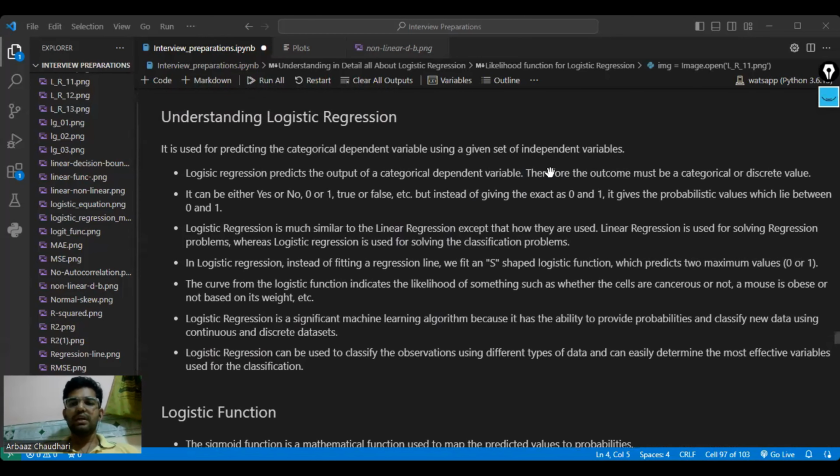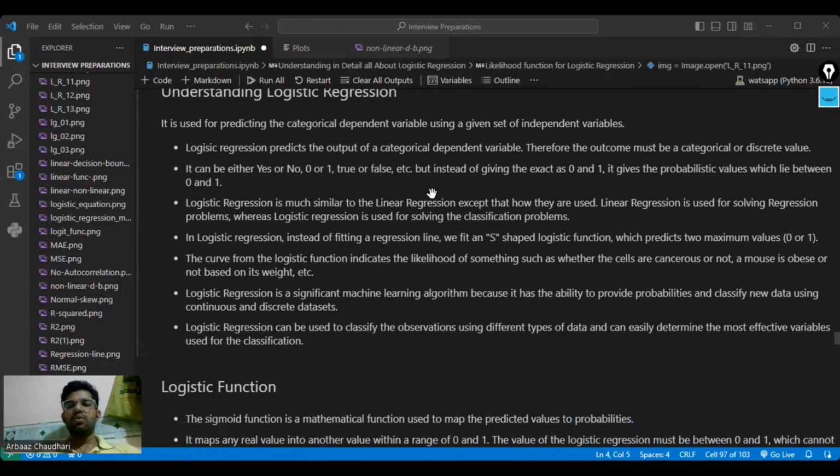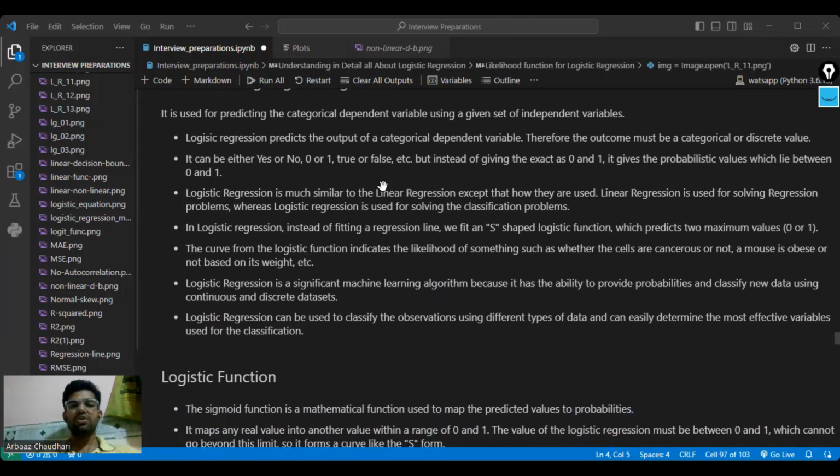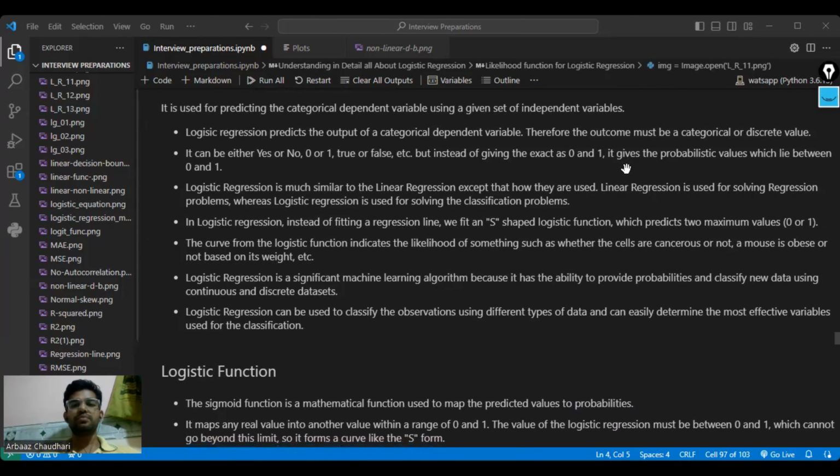It means we have to get y in a 0 and 1 form. We can't get y in a continuous form. It will be totally wrong if we get y in a continuous form in a classification problem. It can be either yes or no. Our classes are yes or no, 0, 1, true or false. But instead of giving the exact 0 and 1, it gives probabilities between 0 and 1.